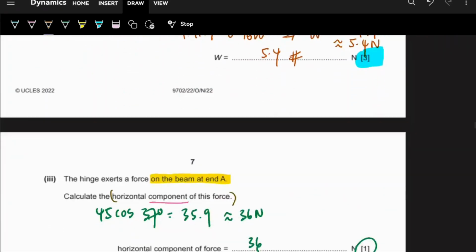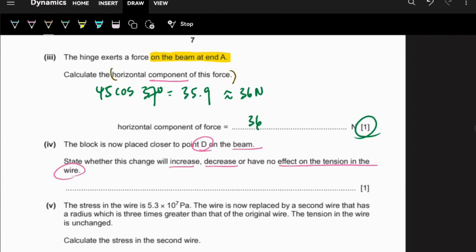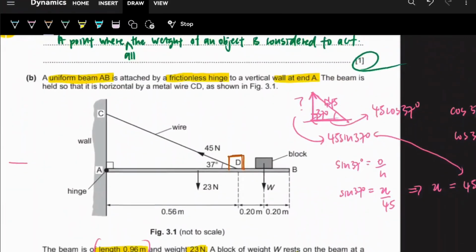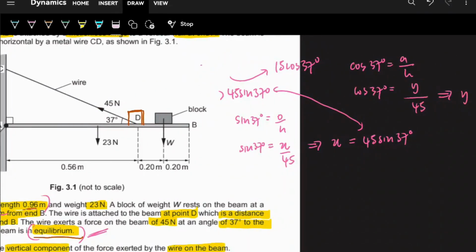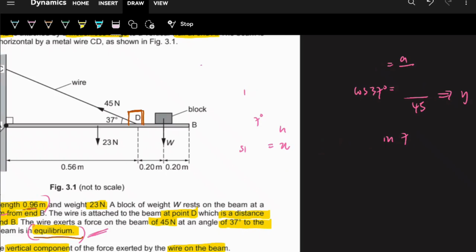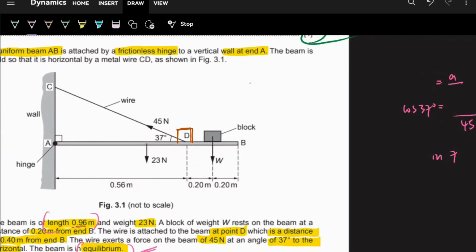Whether it will increase or decrease or have no effect on the tension. So basically they're asking whether it will change this value or not. This 45 Newton, whether it will change or not. Okay, let's do a simple calculation to know whether they actually change it or not. First of all, same concept, it's still in equilibrium. Sum of forces anti-clockwise equals sum of forces clockwise.